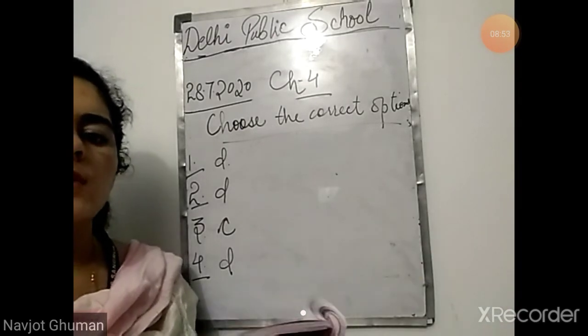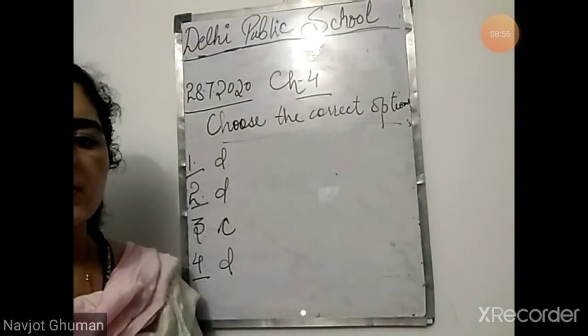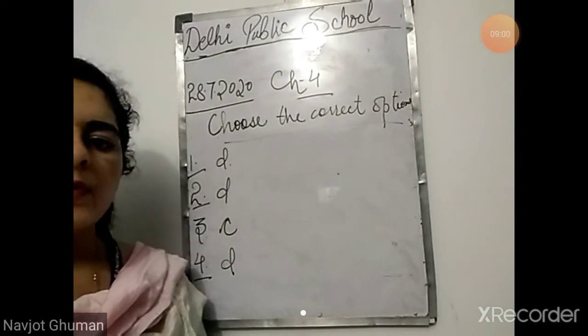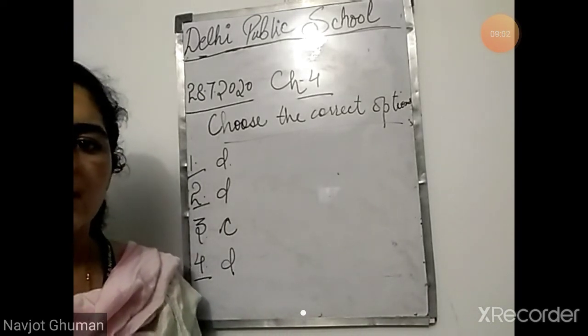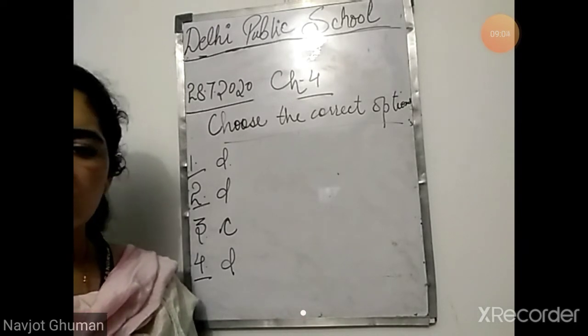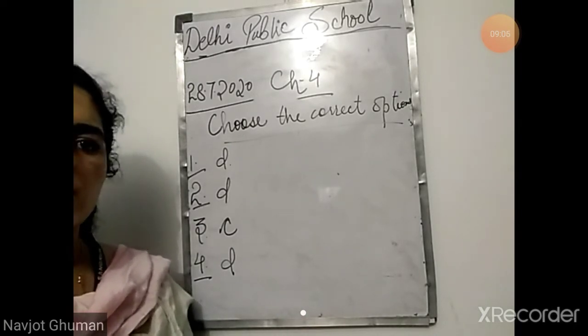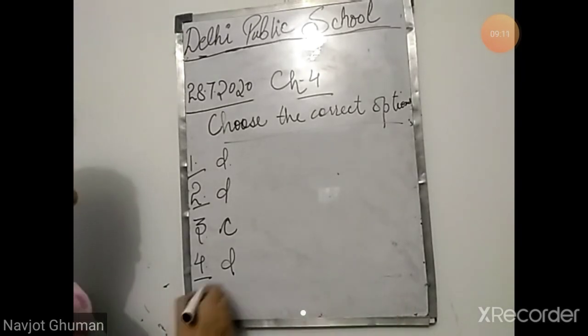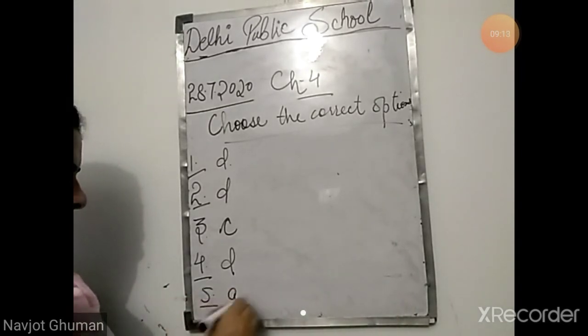We know that solution is made by mixing 2 substances. So here they have given sugar solution. We have to tell what is solute over here. We know that solvent is water in sugar solution and solute is sugar because sugar we dissolve in water. So answer is A, that is sugar.